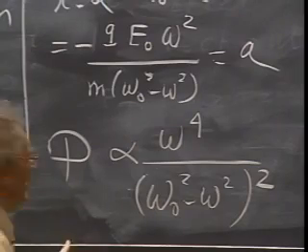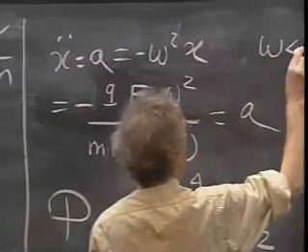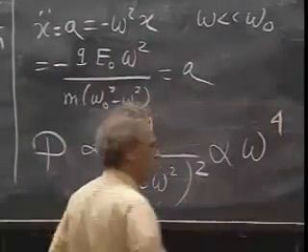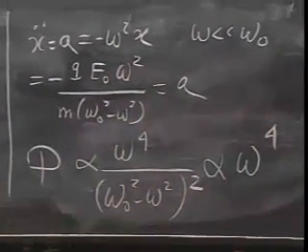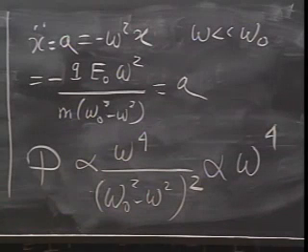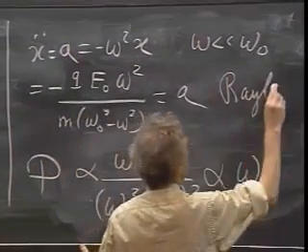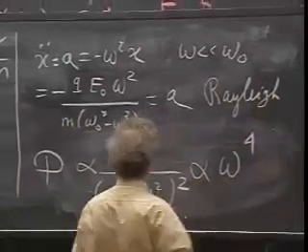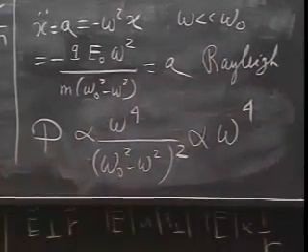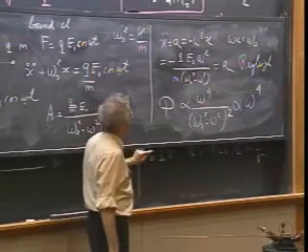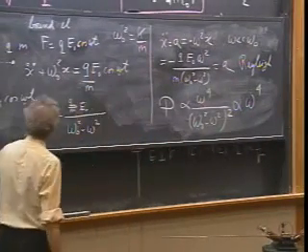Now, if omega is way below resonance, this is proportional to omega to the fourth. That's a very famous result, which is known in the literature as Rayleigh scattering. The reason we call it scattering is that the radiation that comes in has this frequency, but the radiation that comes out has exactly the same frequency.